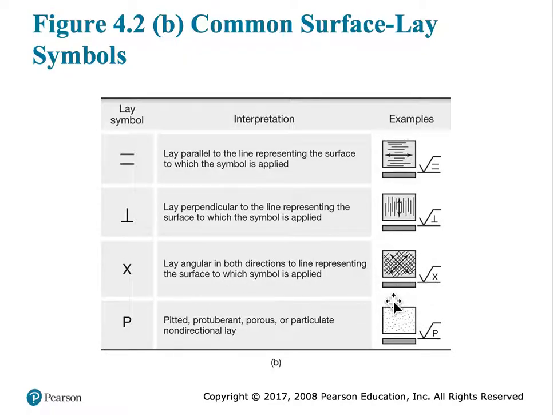Or you may also do a cross hatching, or you might do it for non-directional in nature. So these are the lay symbols. If you incorporate that under the square root, this is called the root mean square number, and it can be done parallel to the line, perpendicular to the line, cross hatch, or non-directional in nature.